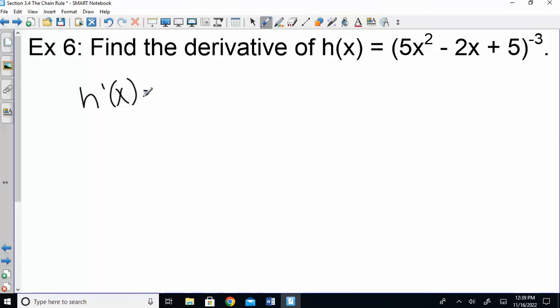Next one, same type of thing. Has that negative exponent in there, we've tended to have a few more problems with those. So the negative 3 comes down, inside stays the same. When you subtract 1 from the power, it becomes negative 4 times derivative of the inside.